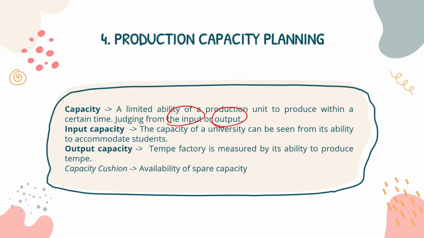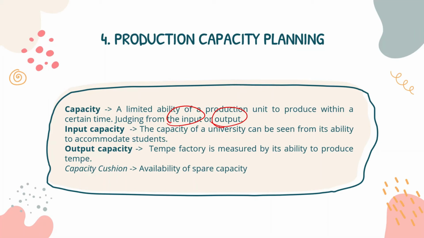For example, if the university is large enough, then they have a really large number of students. But when the university has a small building, then we can judge that it doesn't have a large number of students.